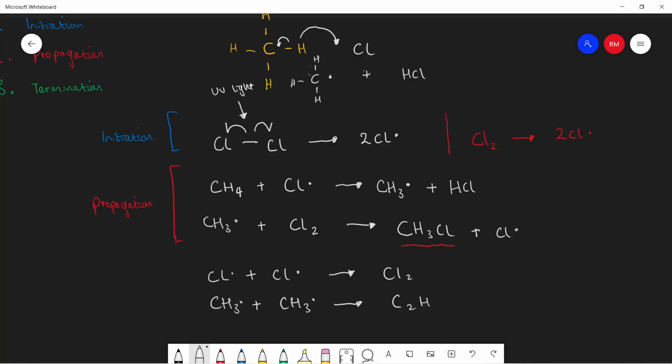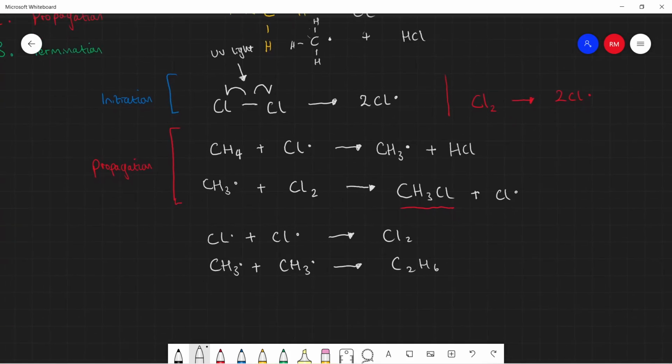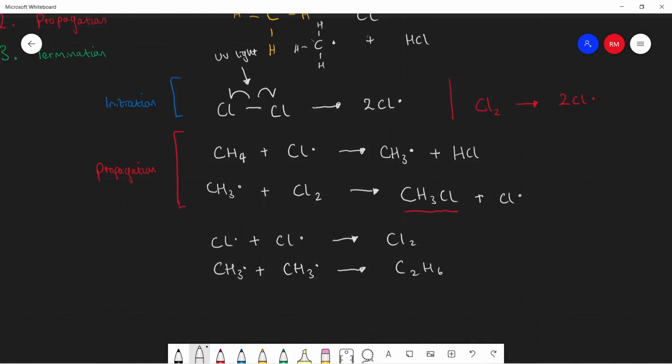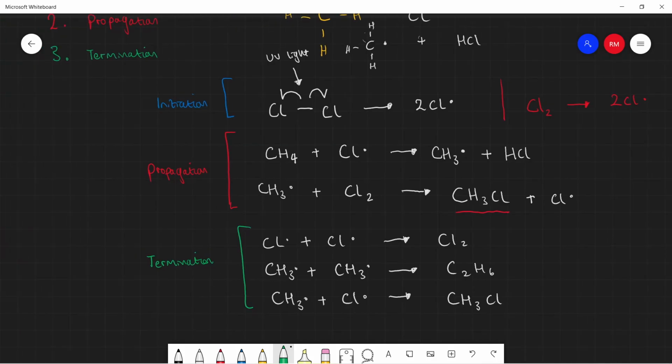And here we have C2H6. So actually, ethane is produced. But perhaps our methyl radical does react with a chlorine radical, and hence our desired product is created here. And so termination is just an overview of all the different reactions that could occur from just this one radical breaking here.